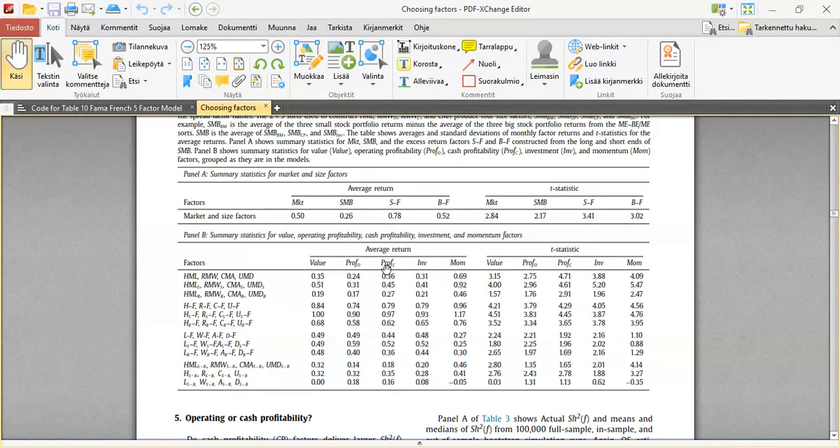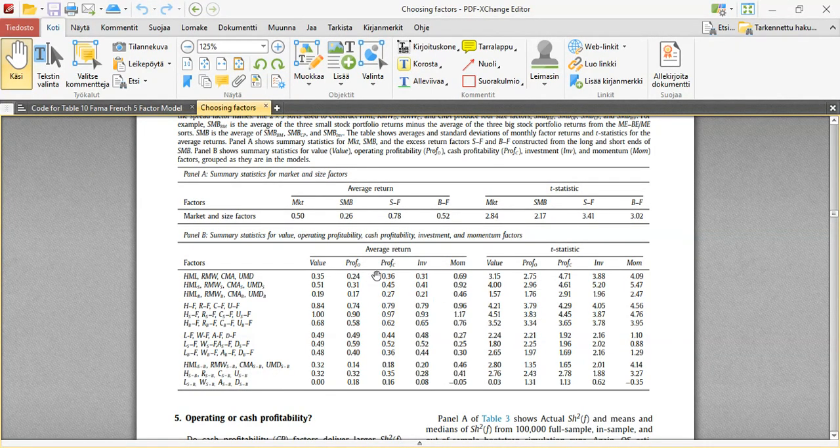This is the profitability factor using operating profitability, and next to it on the right-hand side we have the corresponding profitability factor using cash profitability. The payoff is slightly higher: 0.36% per month, or 36 basis points per month, with a corresponding t statistic of 4.71, indicating significance on any level.